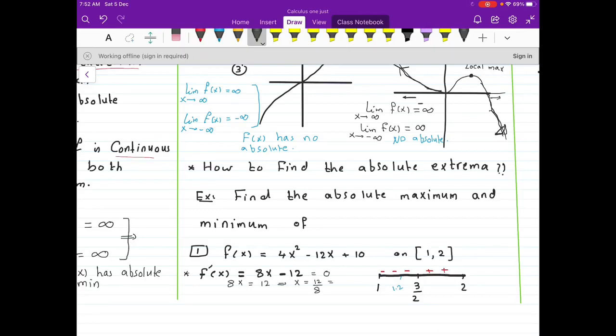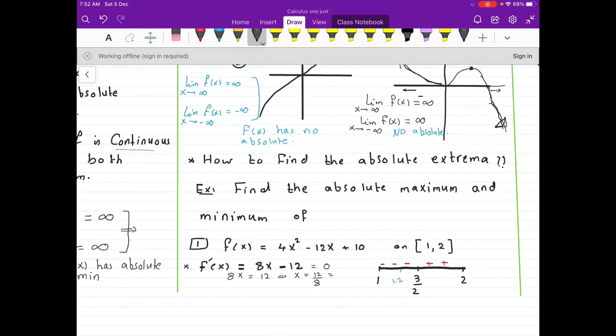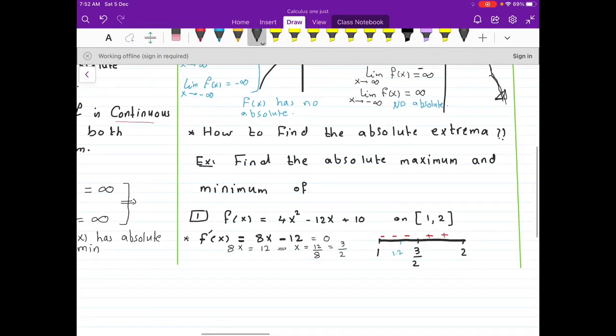If you divide 12 and 8 by 4, we get 3 over 2. So we want to study the sign for f prime, so we have the critical point 3 over 2 between 1 and 2.